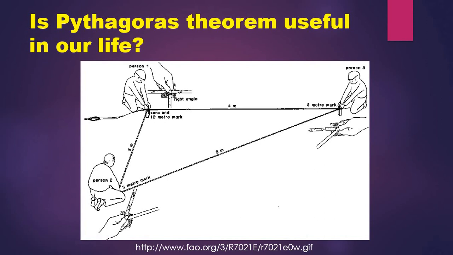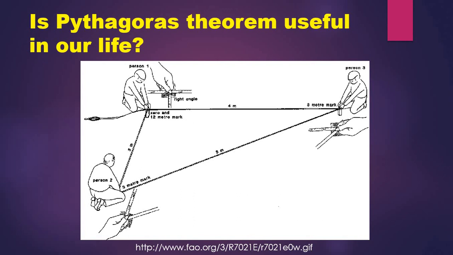Is the Pythagoras theorem really a useful tool? Let's see. Most construction workers use this theorem to create right angles in building corners without measuring with a protractor. This is actually the converse of the theorem as we discussed above.